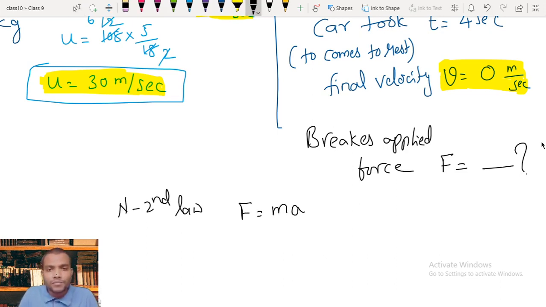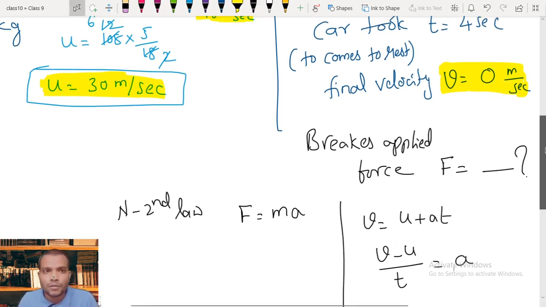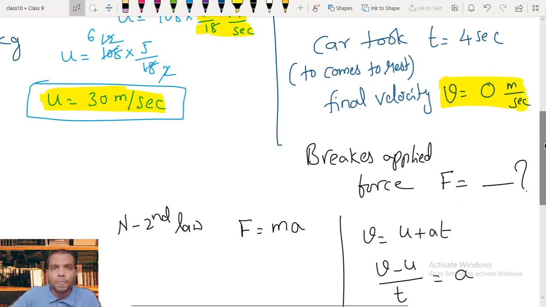So to calculate the force applied by the brakes, we first need to calculate acceleration. From the first equation of motion, v equal to u plus at, we can rewrite it as v minus u upon t equal to acceleration a. We know the initial velocity, final velocity and time, which is 4 seconds.